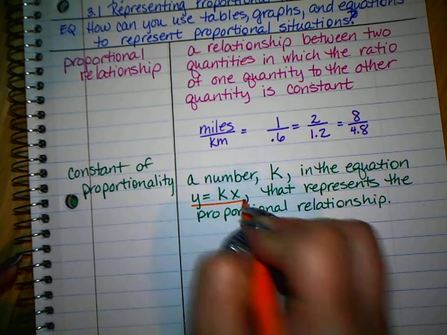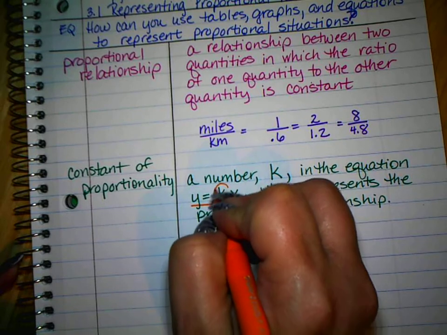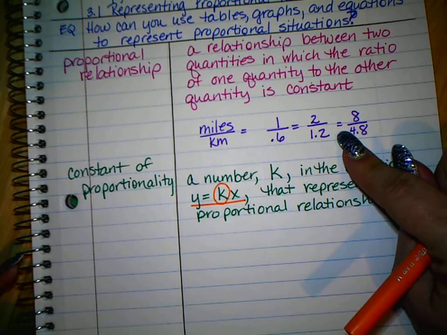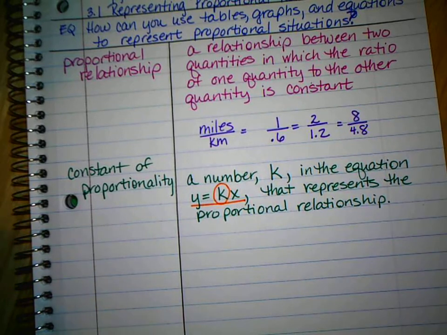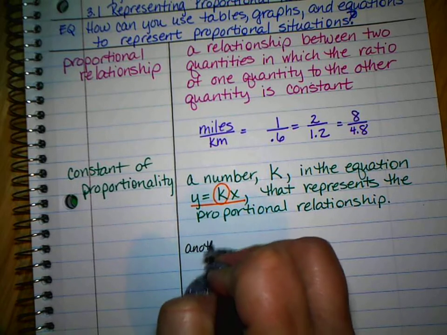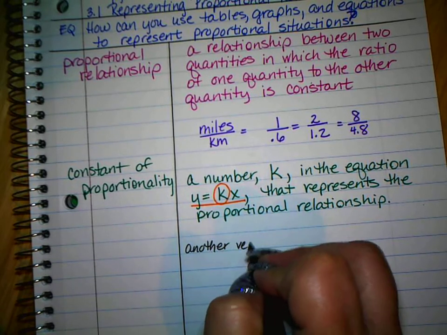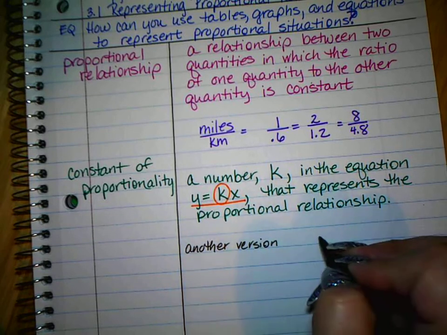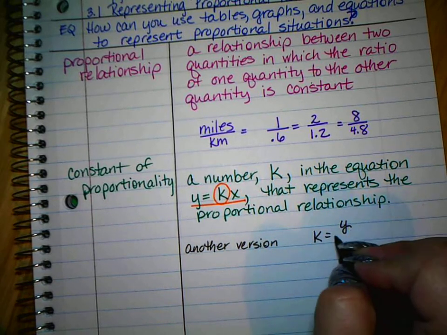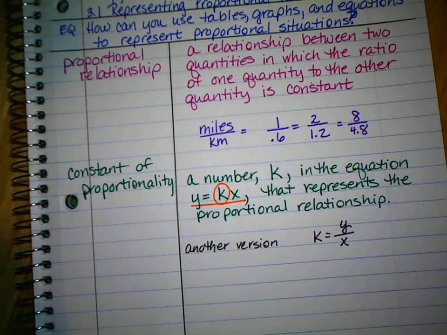This is our equation. The k represents this proportional relationship. Sometimes another way of seeing that would be that k equals y over x.